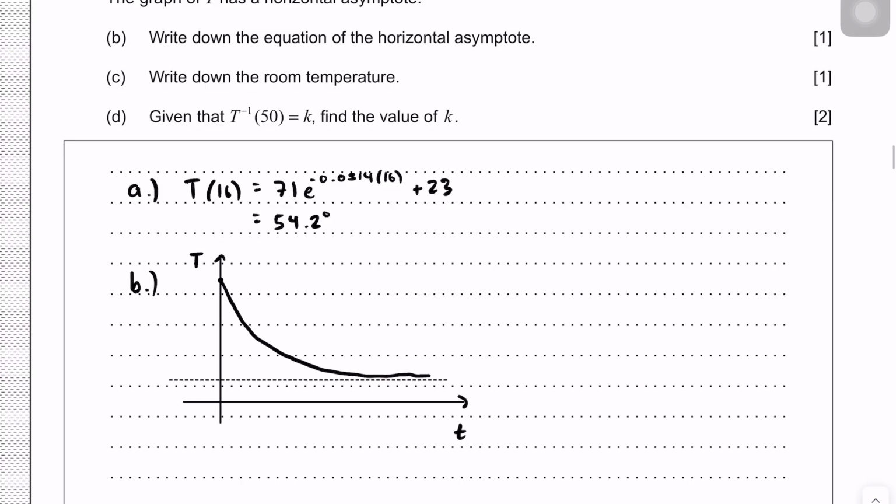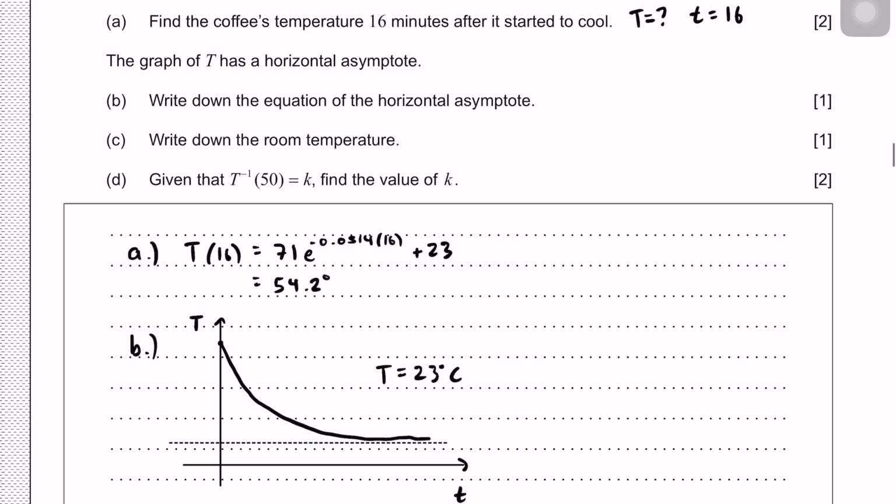So our horizontal asymptote, the value that we approach but never reach, is going to be when T, the temperature, is equal to 23 degrees Celsius. So we can also just say T is equal to 23. Remember, it's an equation, so they're expecting an equal sign, just like we would have, for example, y is equal to 5, being this horizontal value right here.